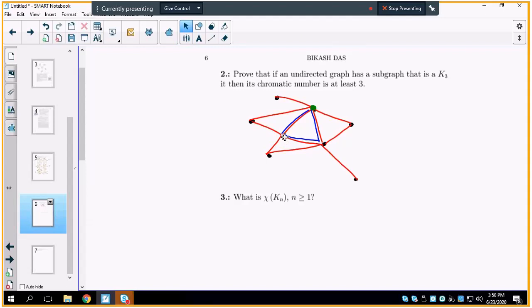Well, clearly then I need a different color for the next vertex. It could be black. Then the third vertex is also connected to the green vertex and it's also connected to the black vertex. So clearly I need a third color.